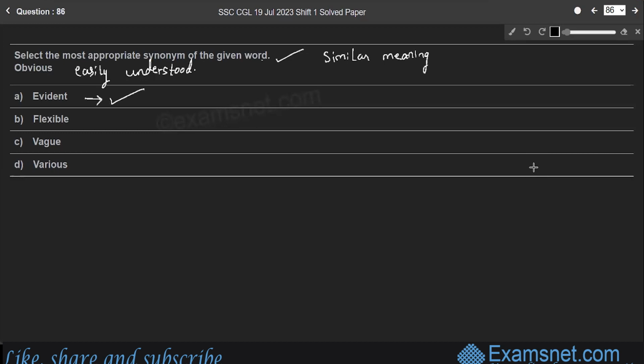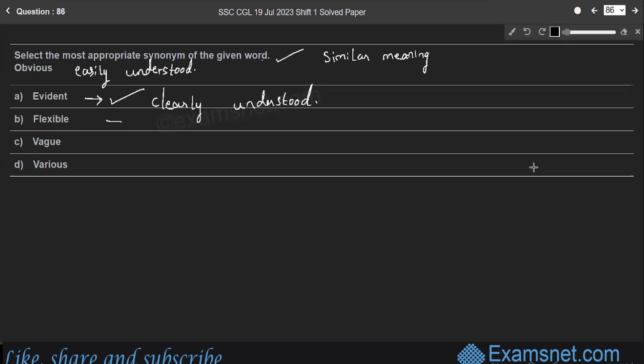Out of 4 options, flexible, vague, various, and evident. Evident is the exact meaning or synonym of the given word, whereas evident means clearly seen or clearly understood. For example, he signed his name with evident satisfaction. So option A is the right answer.